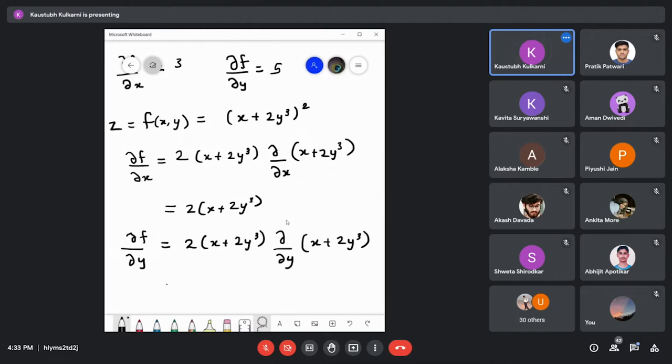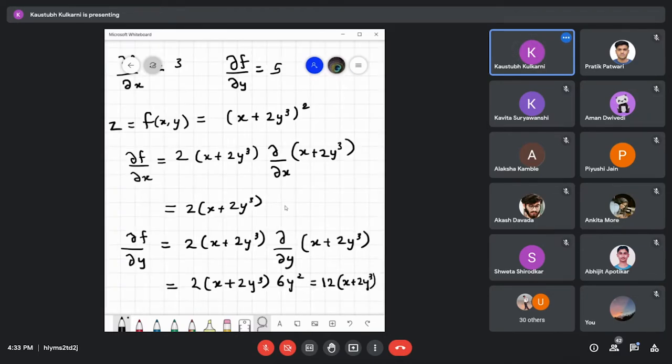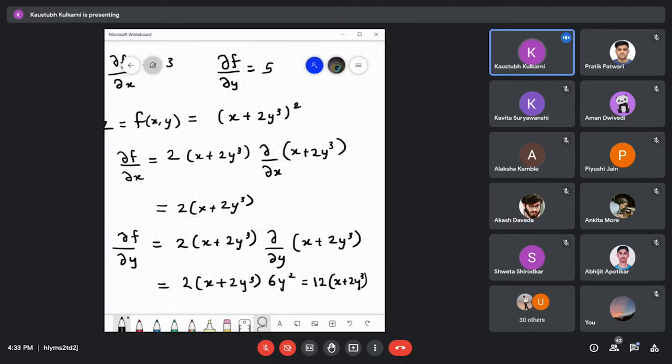I'll not omit this step: 2 times x plus 2y cube multiplied by 6y square. Taking the constants together, you can write 12 times x plus 2y cube multiplied by y square. Did you understand this? Any questions, any doubts? You can interrupt, ask, and continue.